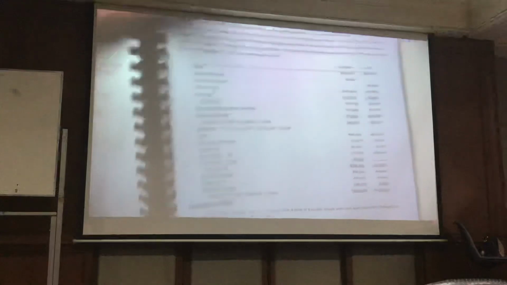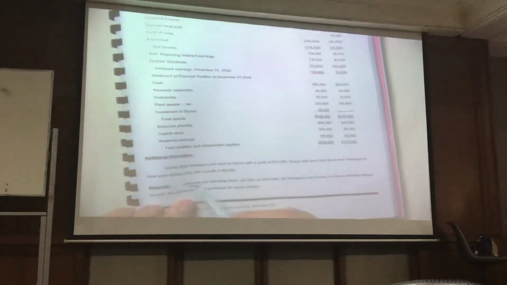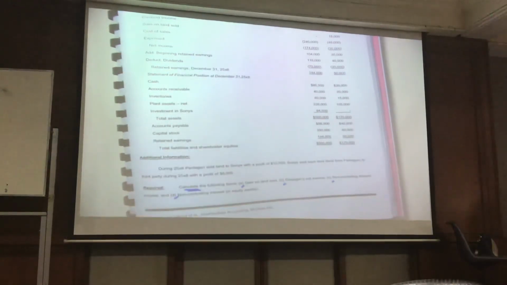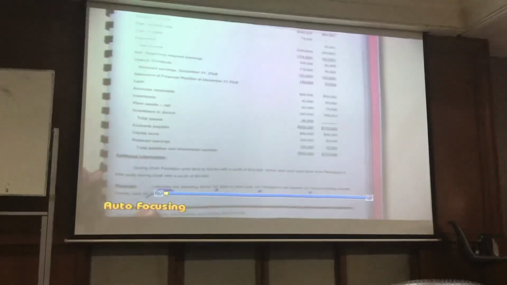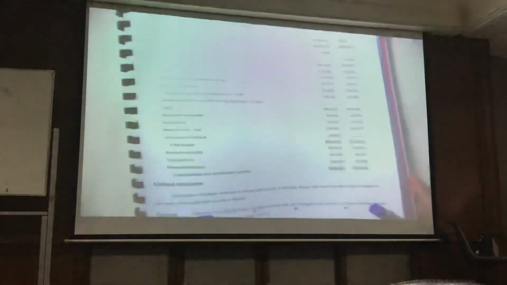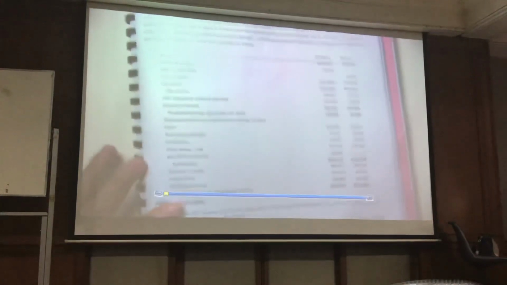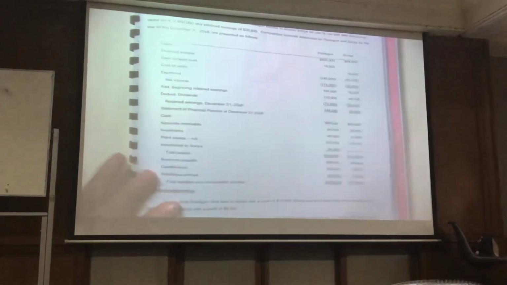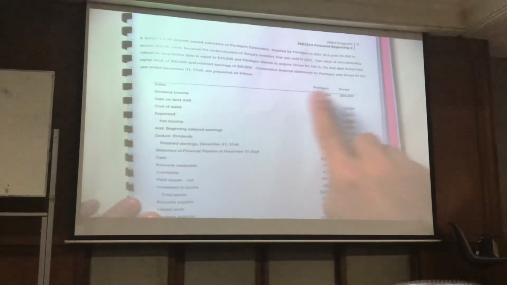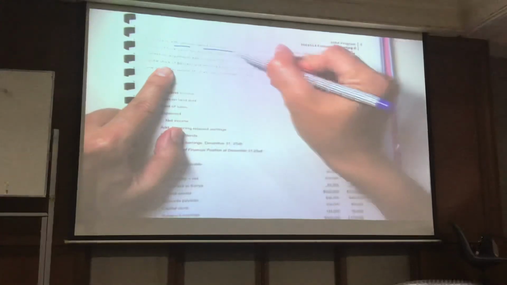Now you're on your own to finish this one. What I'm asking you is to calculate A, B, C, and D. You got it at the back. Sorry, this is quite not good. You can get a piece of paper by yourself. Pentagon and Sonia, P and S. Sonia is 90% owned by Pentagon.